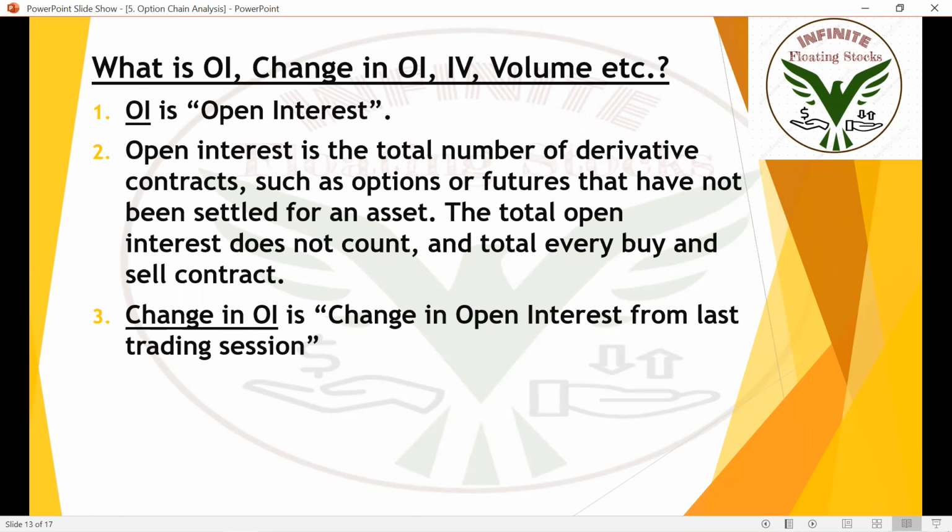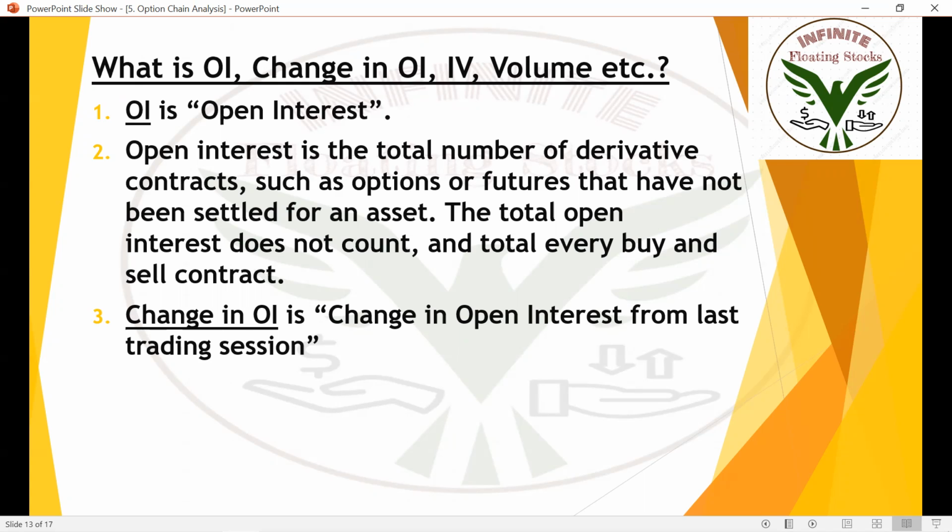The total open interest does not count every buy and every sell contract. I know most of the people didn't get the definition. No worries. We are not going to write an examination by learning the definitions here, so don't worry about the definition. I just put it here for formality. Anyway, I'm going to explain OI in very simple words when we are on the option chain table.